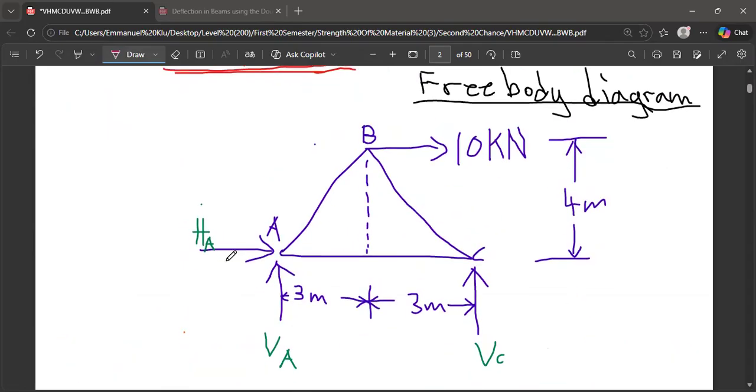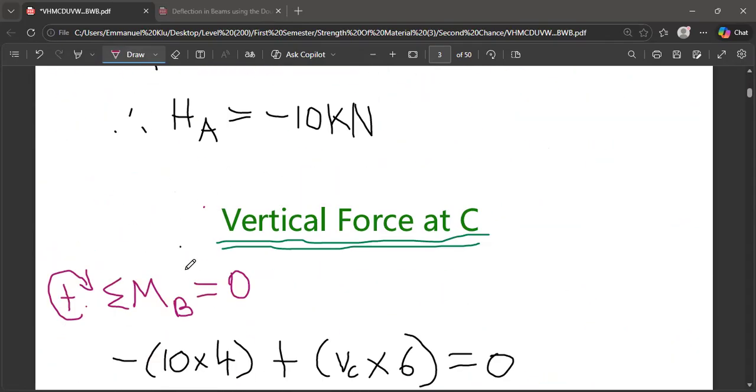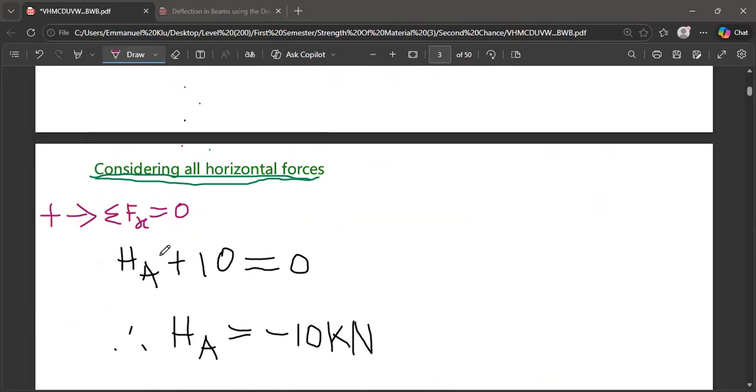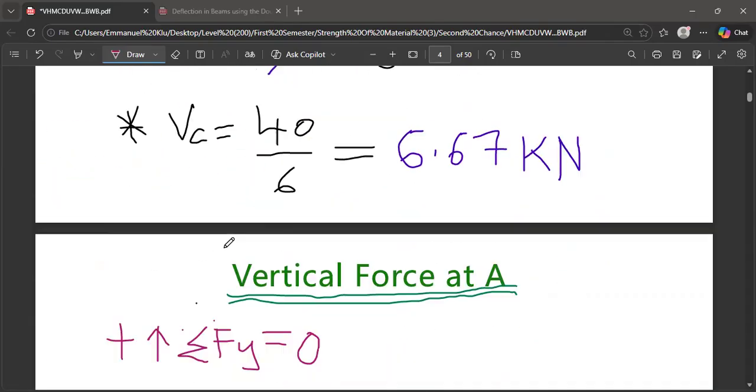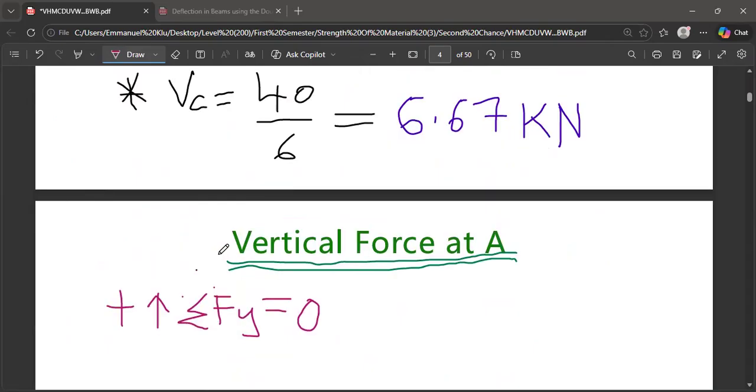That is the moment. Okay, we took it at A rather, so let's write A over here. So I think our equilibrium conditions are quite okay now for us to be able to move on.